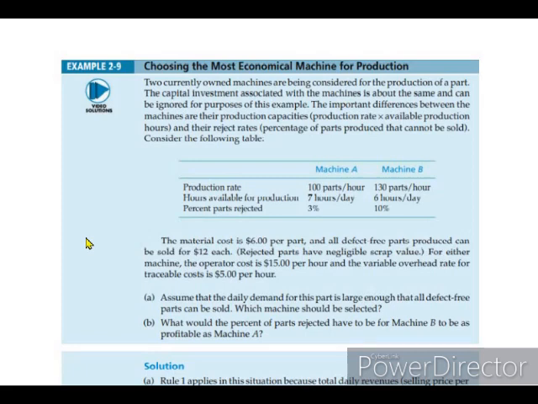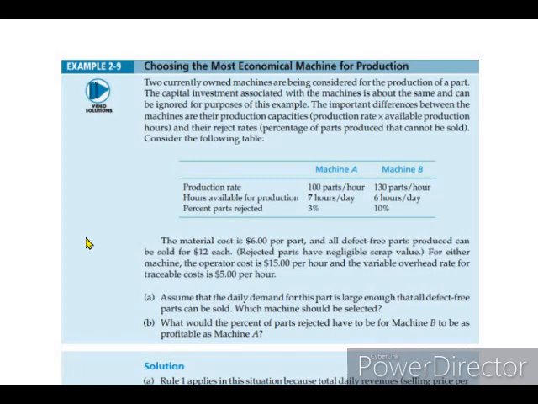So consider the following table. For machine A, the production rate is 100 parts per hour, while in machine B, the production rate is 130 parts per hour. Next, the hours available for production under machine A is 7 hours a day, while in machine B it is 6 hours a day. The percent of parts rejected for machine A is 3%, while in machine B it is 10%.